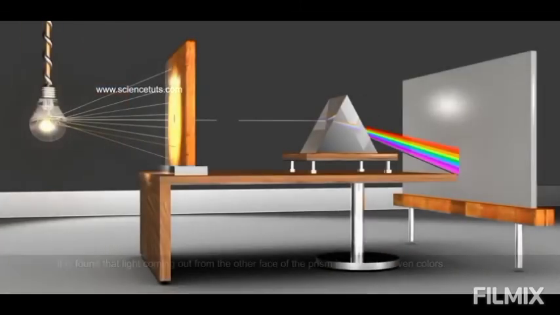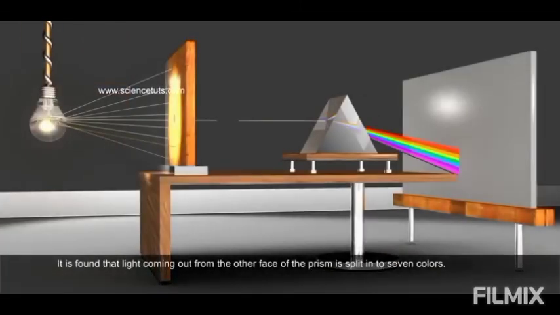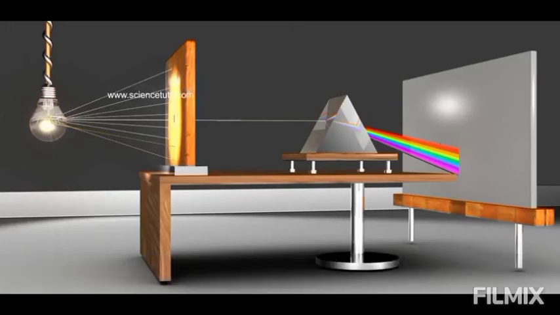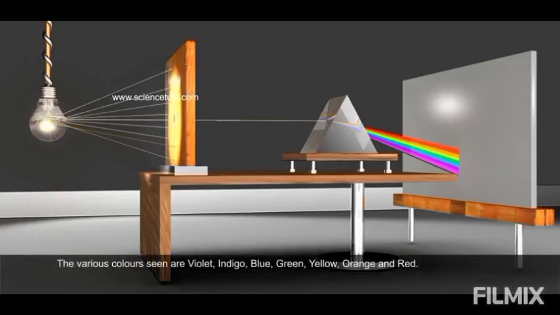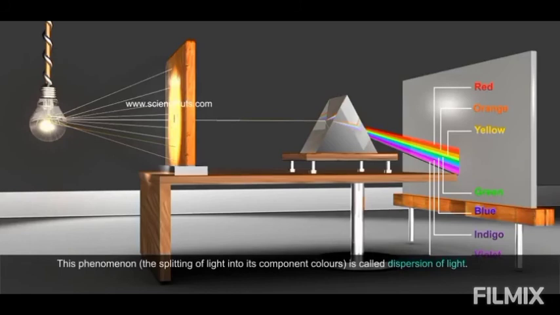When the light hits the prism, the light coming out from the other face splits into several colors: violet, indigo, blue, green, yellow, orange and red.